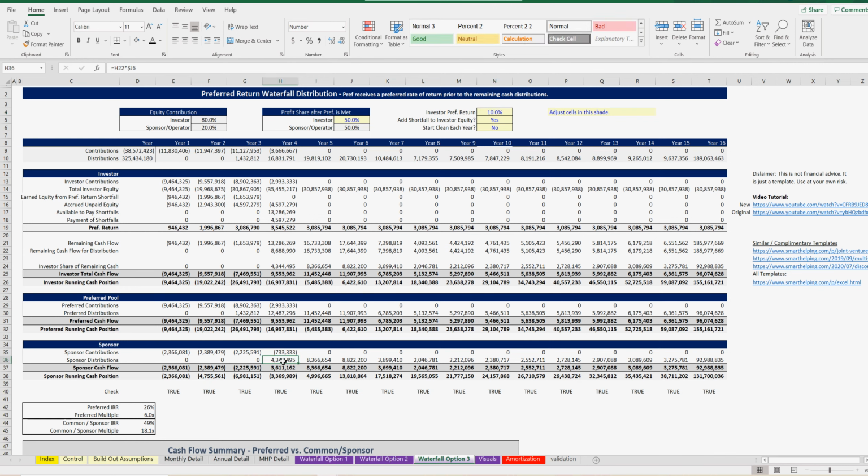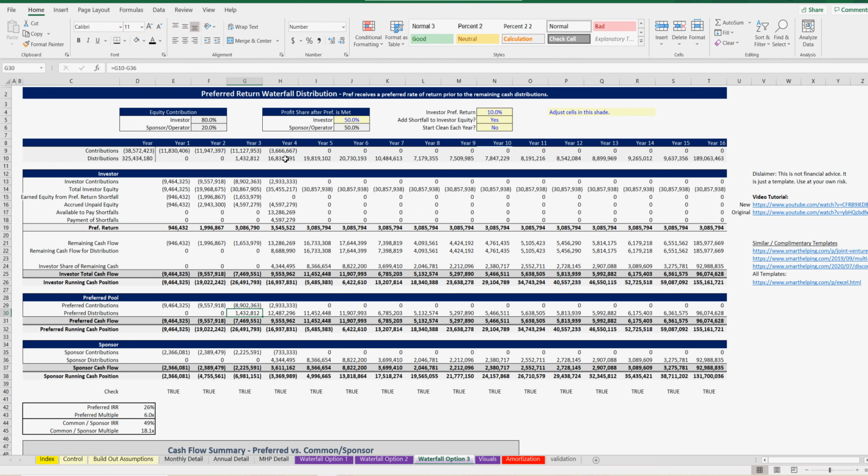In this case, as soon as cash is available, you can see here in year 3, cash is available, but the pref return is still higher than this. So the pref gets basically all of this, and then some actually rolls over to year 4.